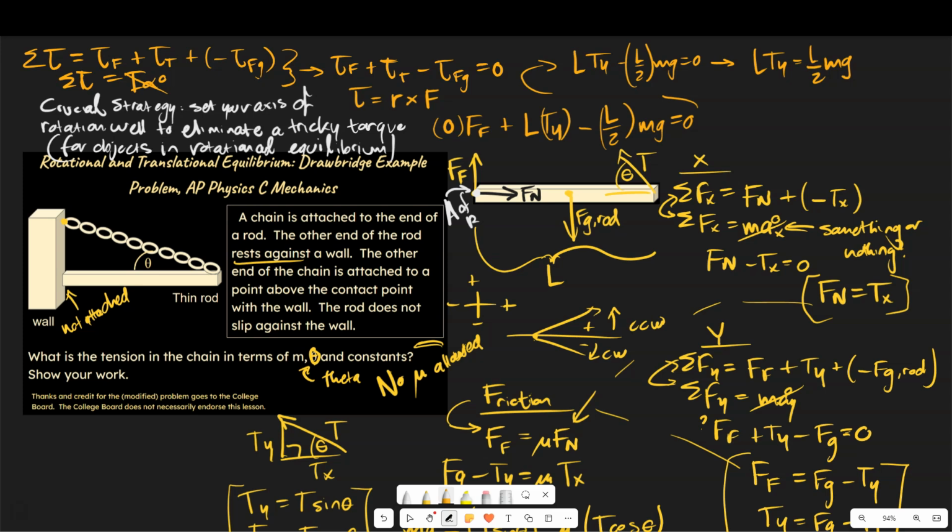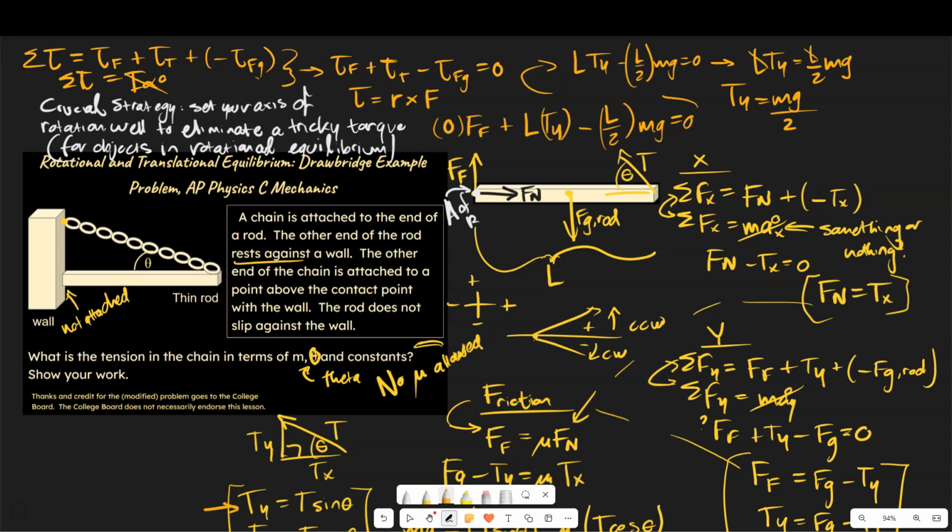And what do we notice in terms of simplification here? What do you think we can do? Well, we can cancel out the L for both of these. And then we can just say the tension in y is equal to mg over 2. Okay, so we've got more info here. Notice we came up with something previously where we talked about the tension in y. We said at the very bottom of the page, I'm going to put an arrow pointing to it right now, we also know the tension in y is tension sine theta.